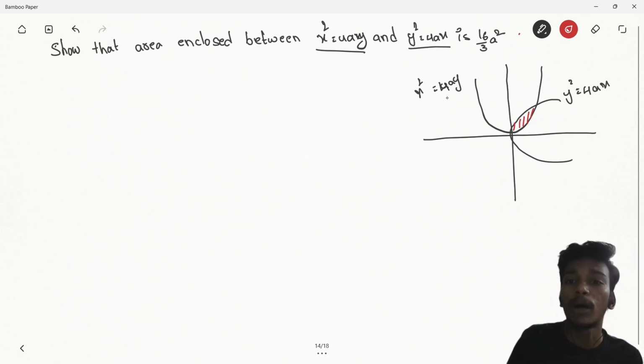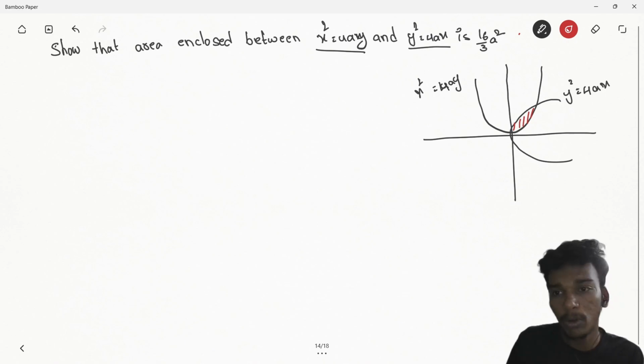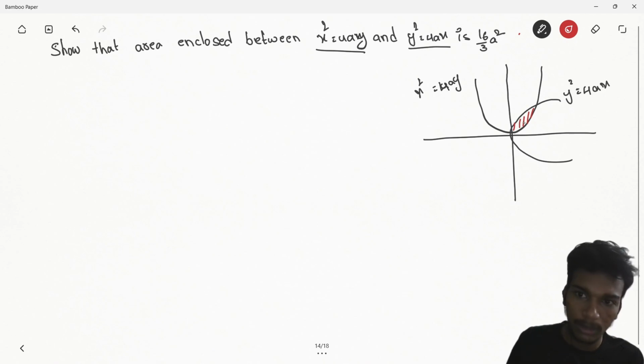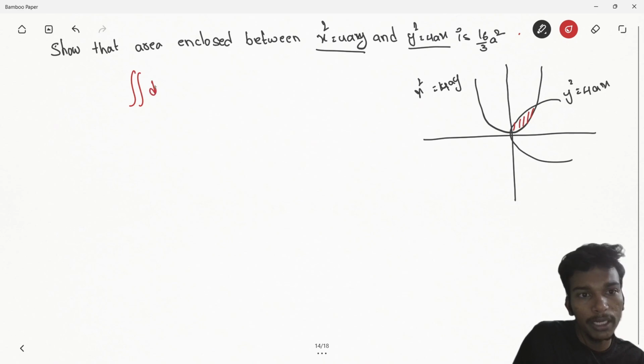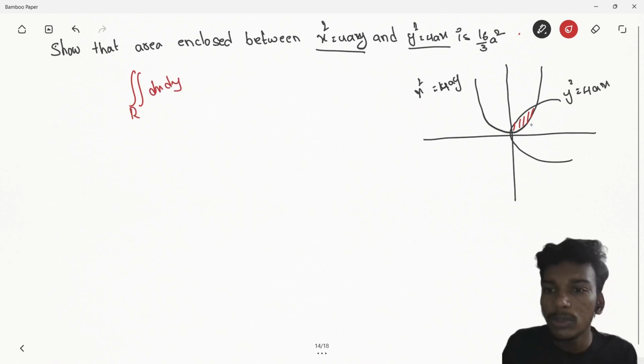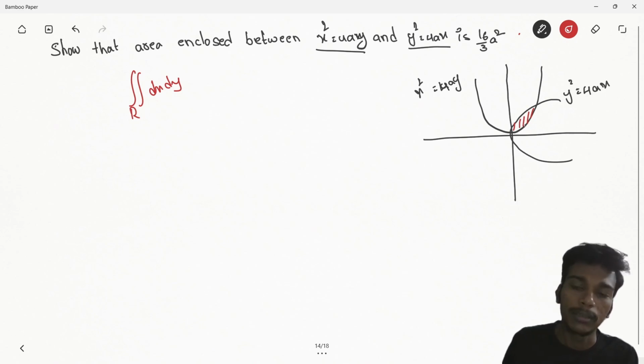We have direct formulas for only some fixed curves, and developing a formula for this region is going to take a lot of time. To avoid that, we are going to use double integral dx dy over a certain region to get the area of this function.